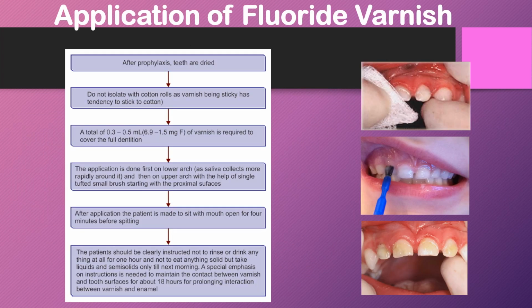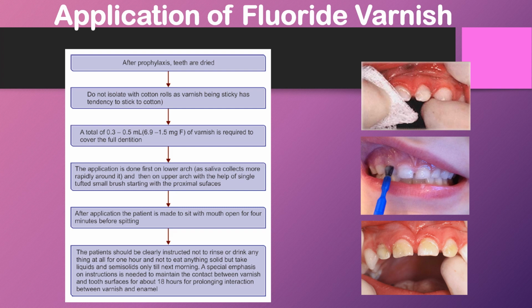Next, moving on to the method of application. Initially we are supposed to do an oral prophylaxis for the patient and allow the tooth to dry. Unlike the other topical fluorides, we don't keep cotton rolls because these cotton rolls may stick onto the tooth surface. So we just clean the tooth, keep it dry, and then apply this fluoride varnish onto the tooth surface.